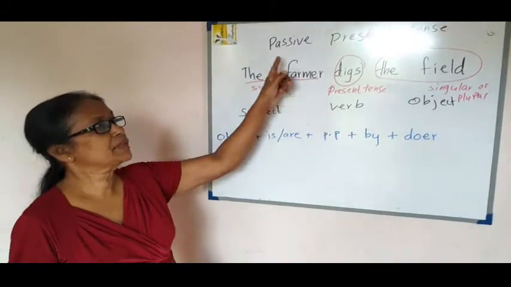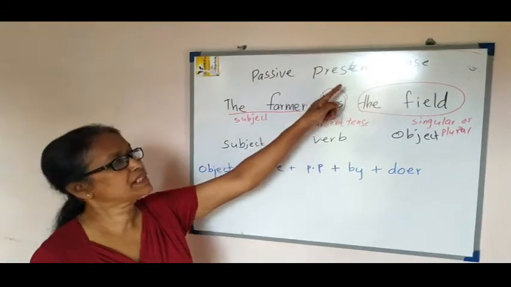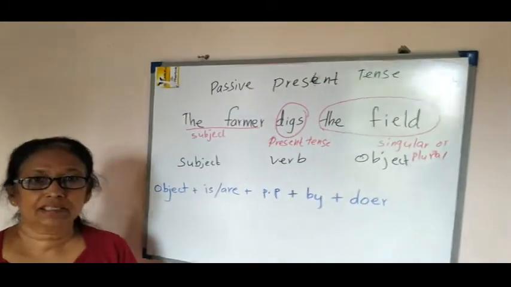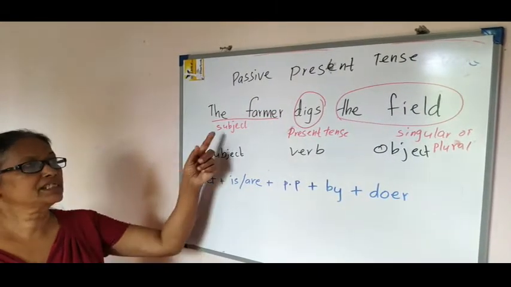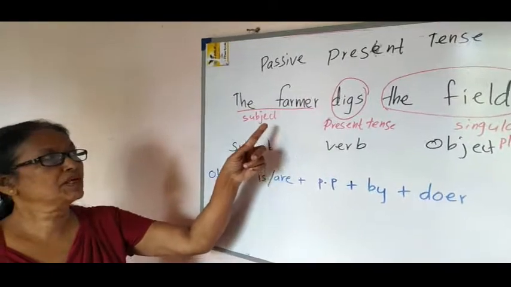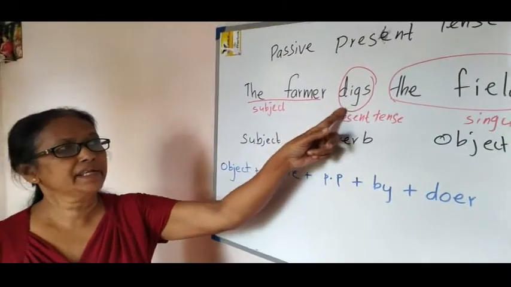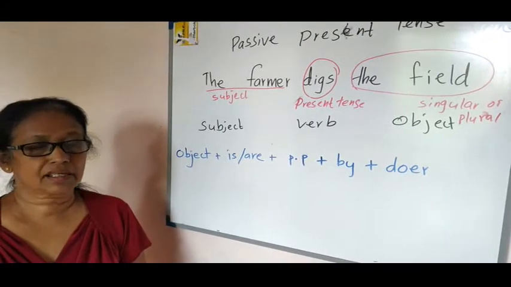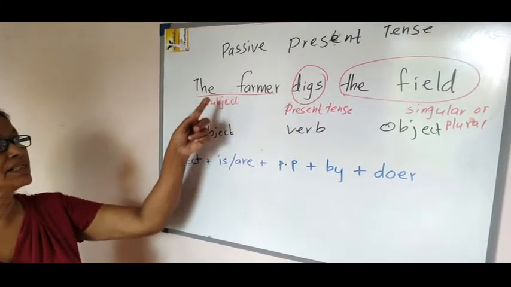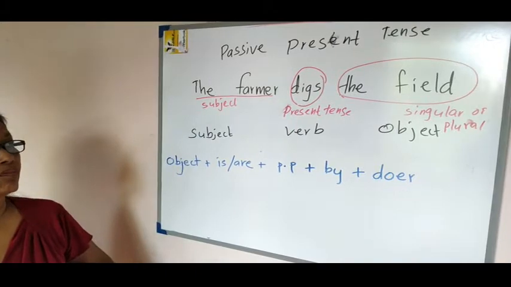Let's see passive, present tense. First I teach you passive present tense. Now let's see the sentence. The farmer digs the field. You all can understand: the farmer is the subject.